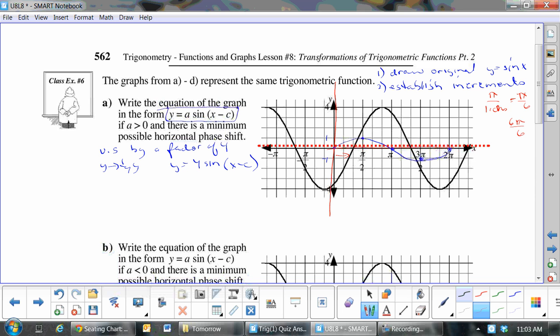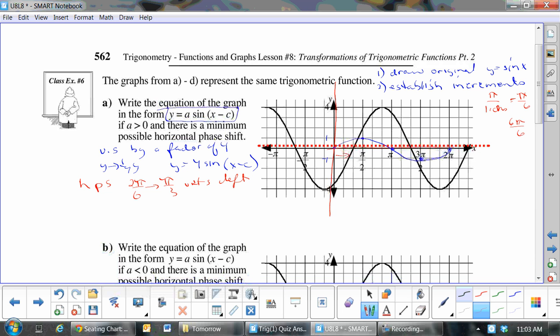So that is a, what happened? Horizontal phase shift 2 pi over 6, sorry, which is pi over 3 units left. Okay?